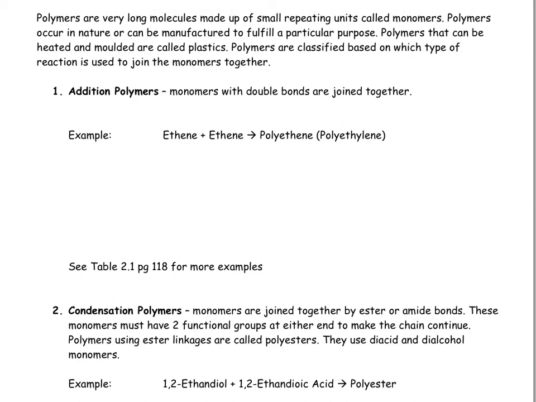Monomers with double bonds are joined together using an addition reaction. The simplest example is polyethylene. It's made by joining the monomer ethene together.